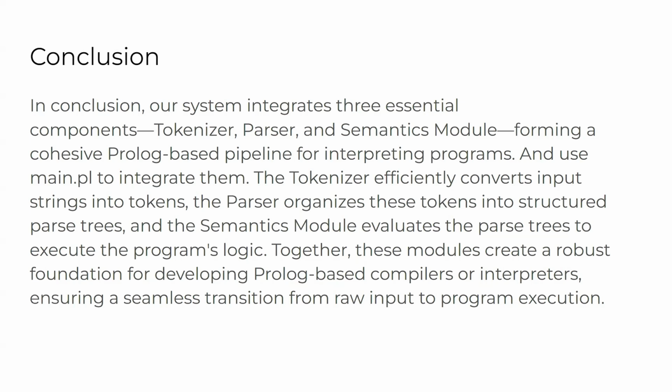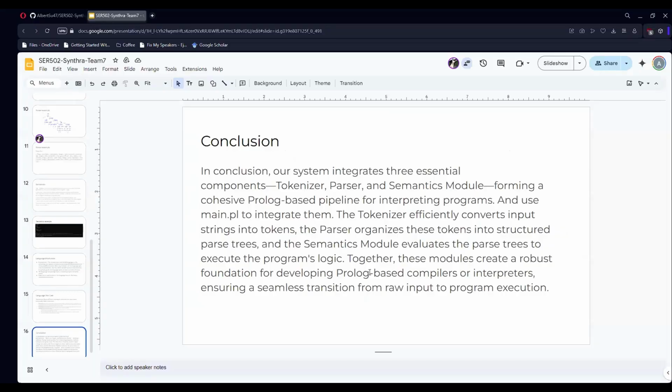The tokenizer converts the input string into tokens. The parser organizes these tokens into a structured parse tree, and the semantics module evaluates the parse tree to execute the program's logic. Together, these modules create a robust foundation for developing Prolog-based compilers or interpreters, ensuring a seamless transition from raw input to program execution.